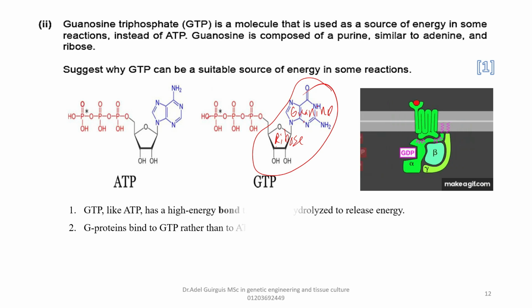A certain enzyme is needed. Look please, GTP like ATP has a high energy bond that can be hydrolyzed to release energy. The release of this energy is needed for a conformational change, a 3D change, of certain proteins across the membrane to allow certain molecules to pass in or out of the cell. G proteins bind to GTP rather than to ATP.